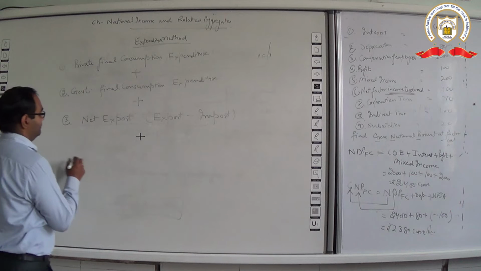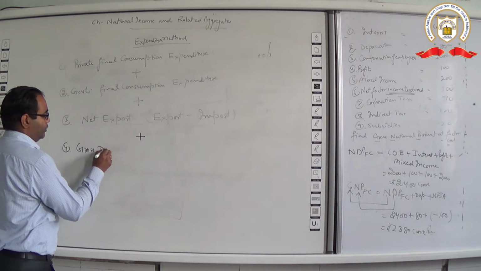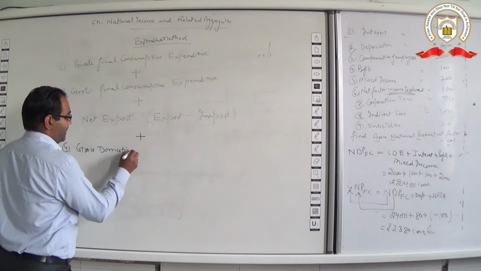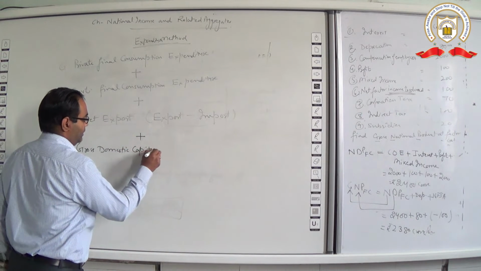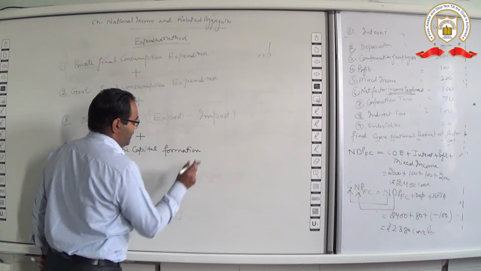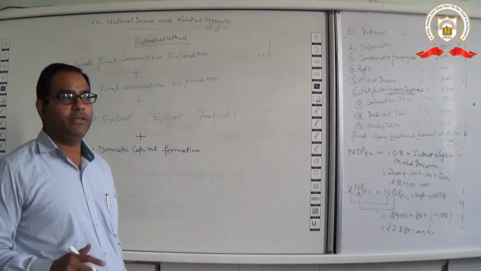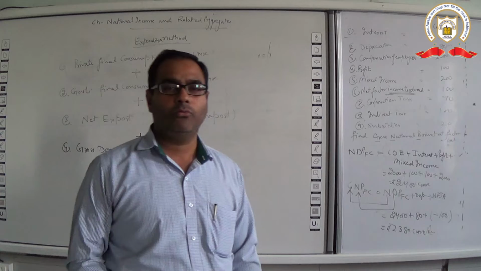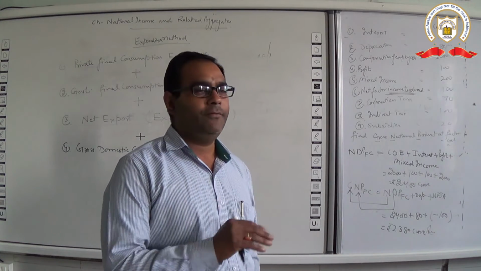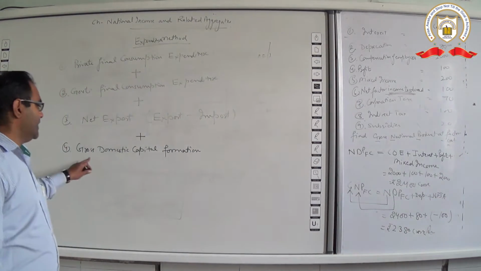Next component, gross domestic capital formation. It means the expenses incurred by the government, the household, the private sector or the production sector on fixed assets.